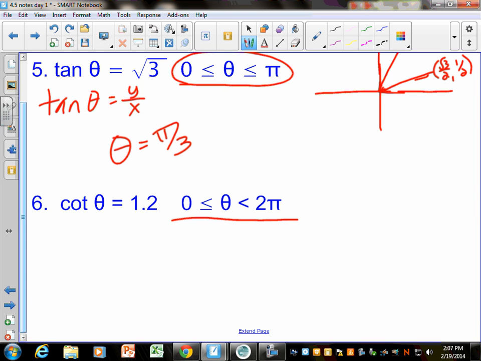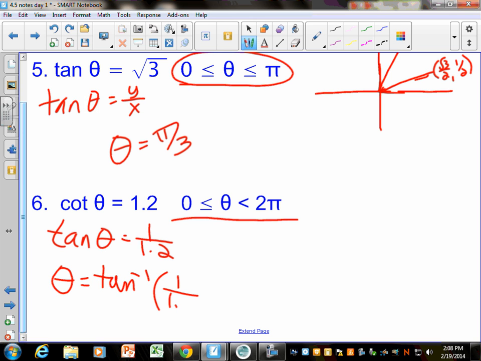And remember that cotangent is not on our calculator, so we have to think about if cotangent is 1.2, then tangent is 1 over 1.2. And what do we type in our calculators to find out what angle that is? The inverse tangent of 1 over 1.2 in radian mode.